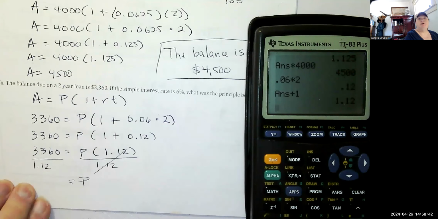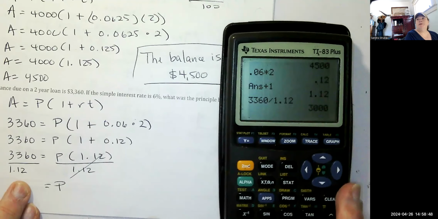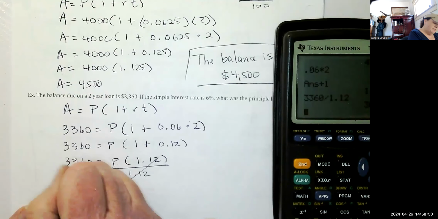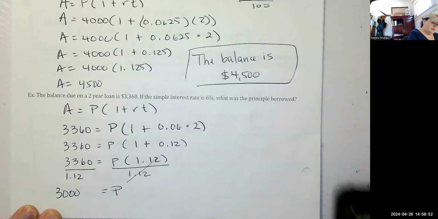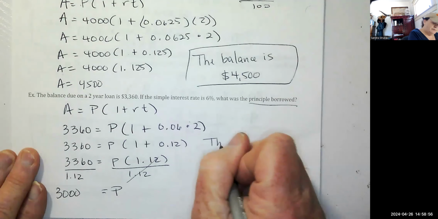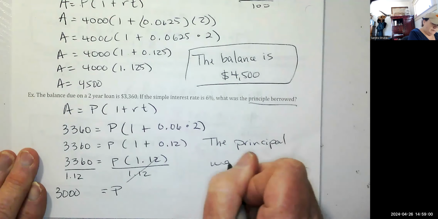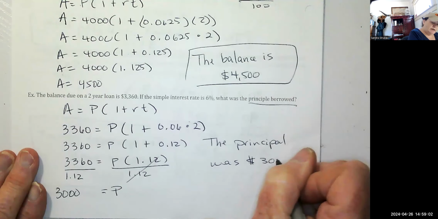So the amount borrowed is $3,360 divided by 1.12. And that's $3,000 was borrowed. Or the principal was $3,000. Don't forget your dollar signs.